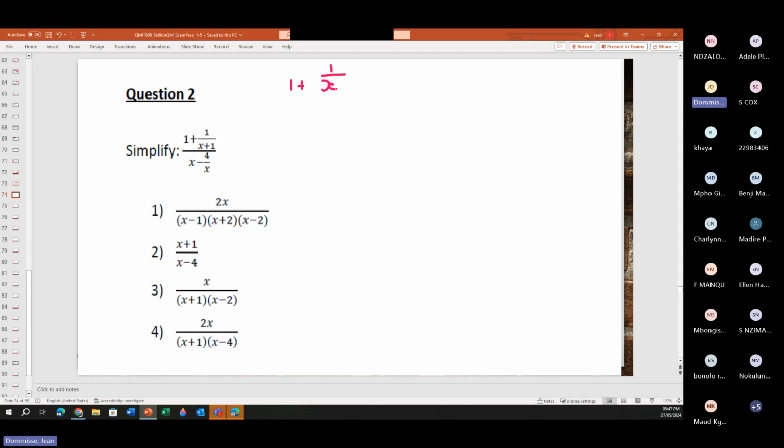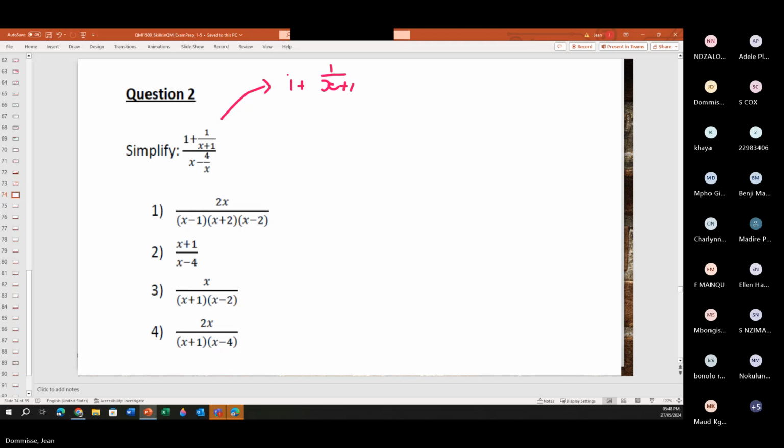Okay, so the first thing I would have done if I get something like this is, for the top part, to say, okay, let's get a lowest common factor, or let's just see if we can make sure everything is on top of x plus 1.